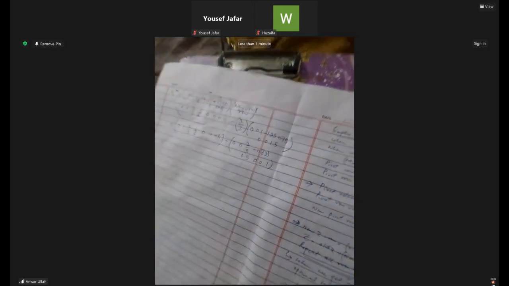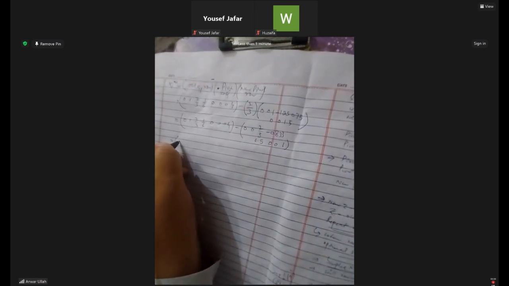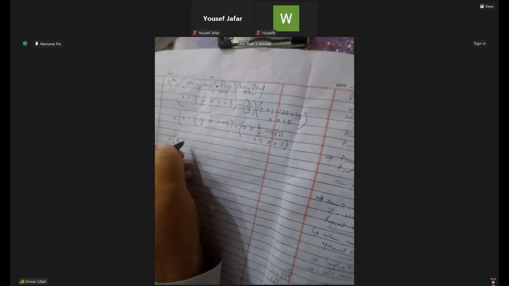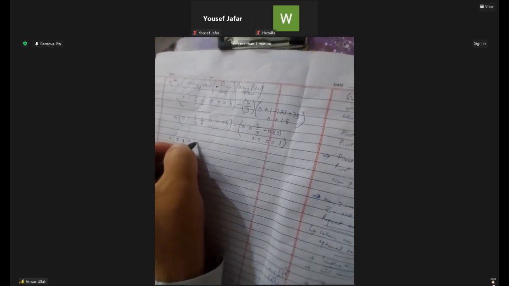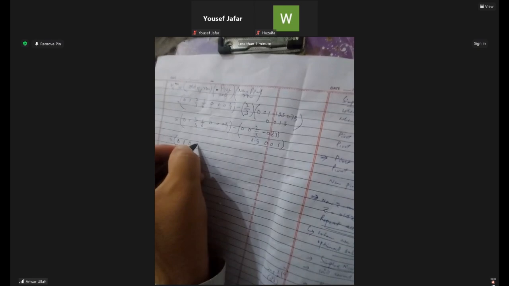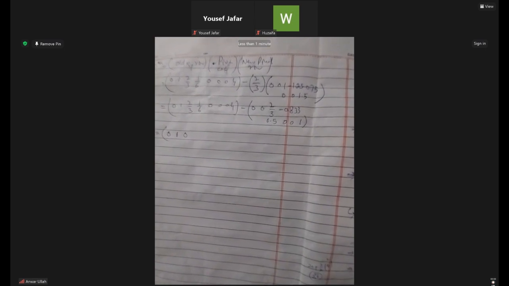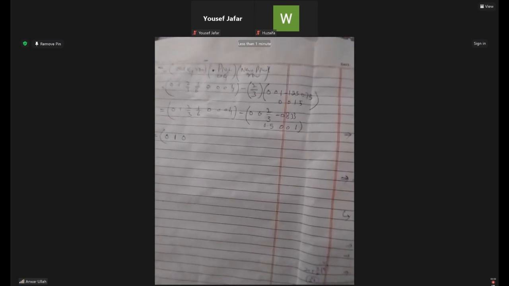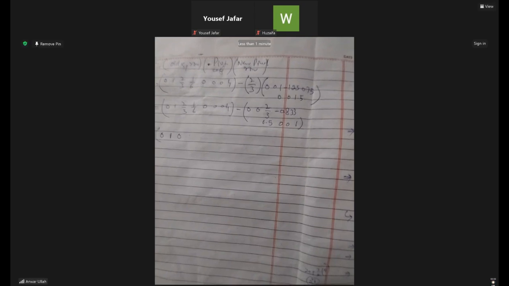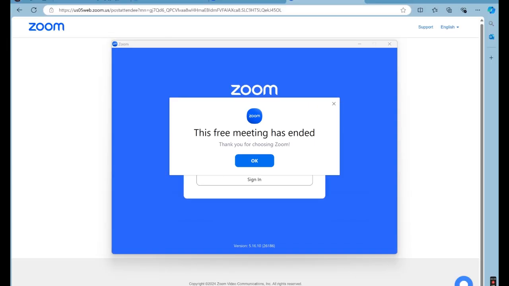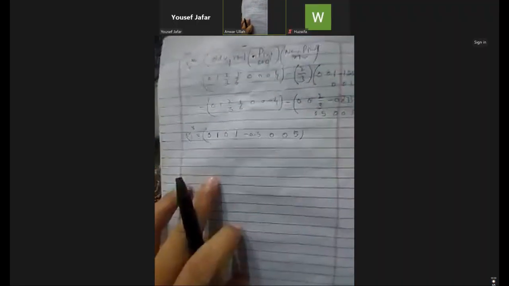So we get here 0 minus 0 is 0, 1 minus 0 is 1, 2 by 3 minus 2 by 3 is 0, 1 by 6 minus 0.833. We found the x1 pivot row.